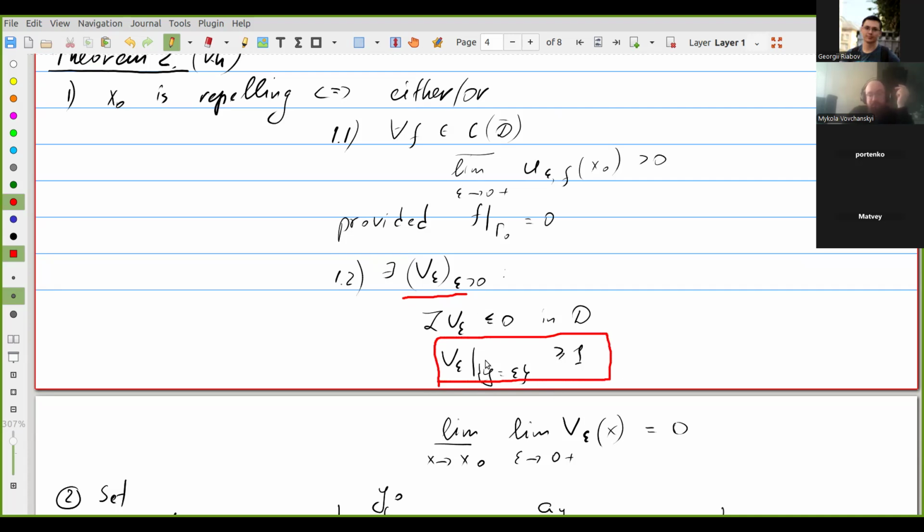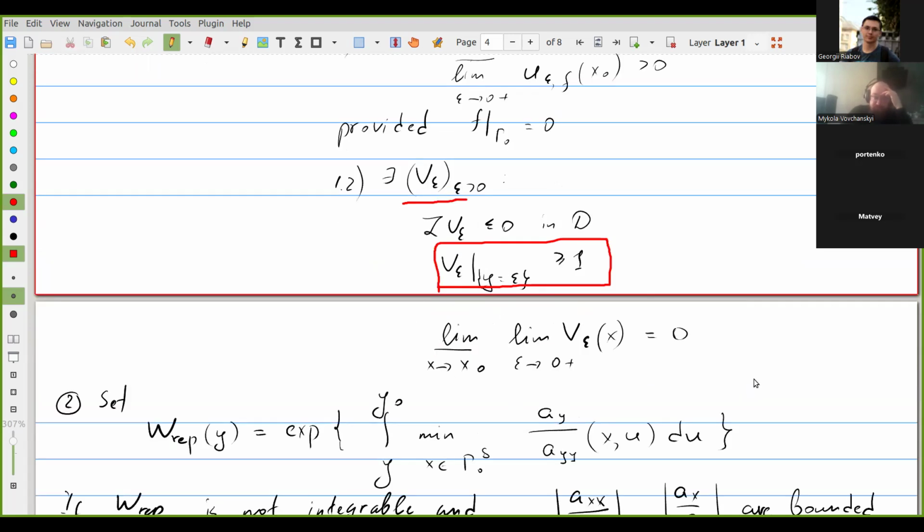Here they are bounded from below uniformly when you approach epsilon, but they still are zero on the boundary.